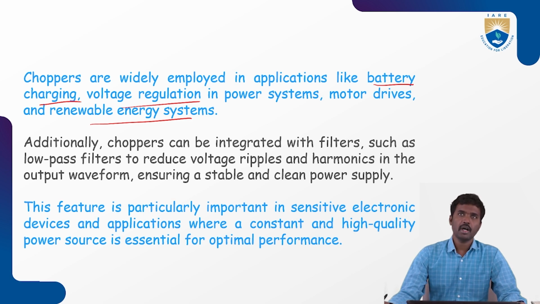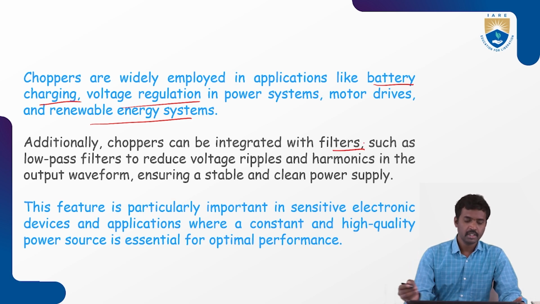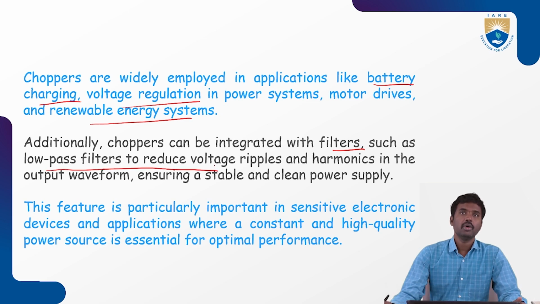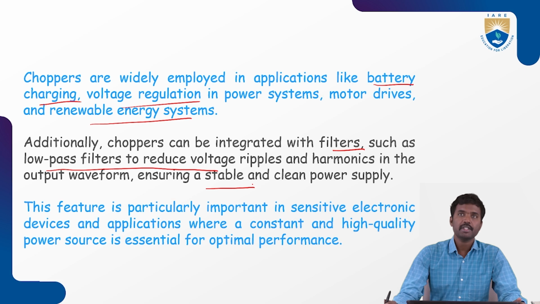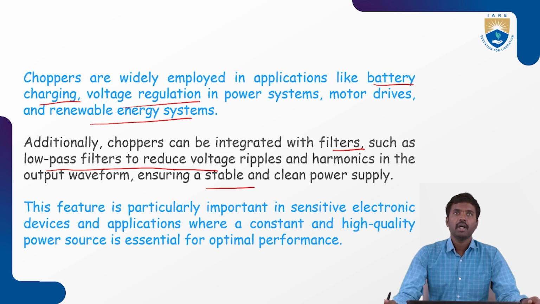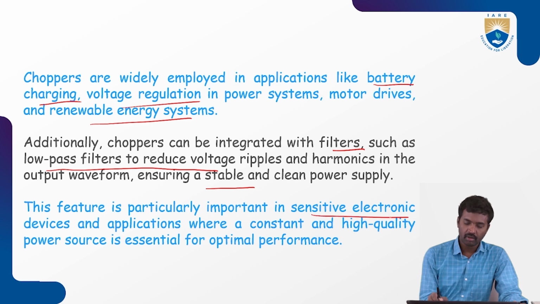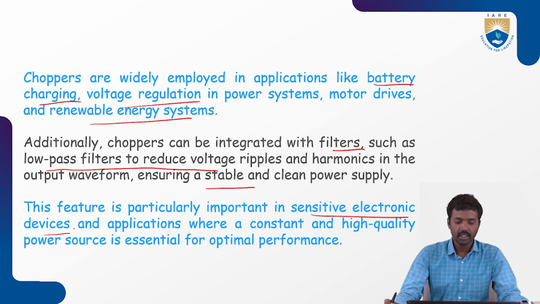Additionally, choppers are used in filters, such as low pass filters, to reduce the voltage ripple and harmonics in the output waveforms, ensuring a stable and clean power supply. This feature is particularly important in sensitive electronic devices and applications where a constant and high quality power source is essential for optimal performance. So these are the applications.